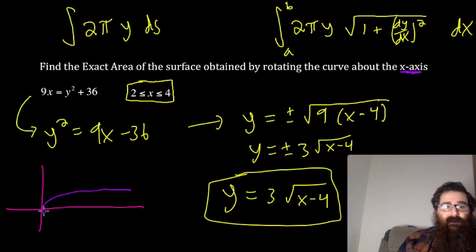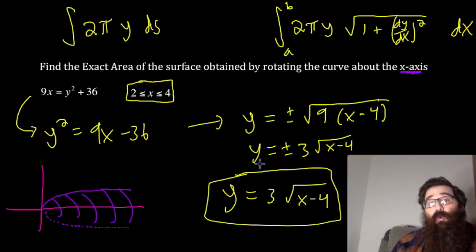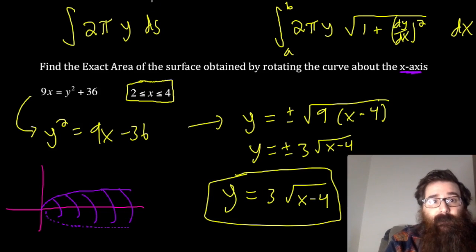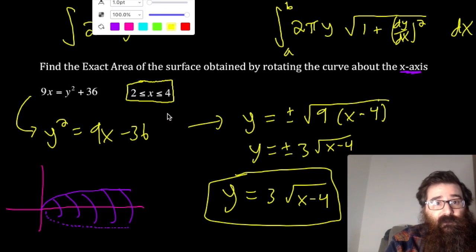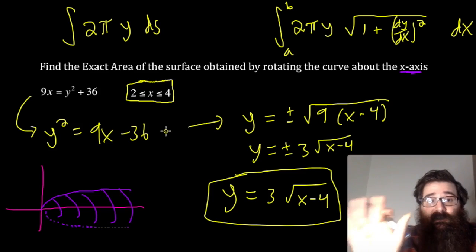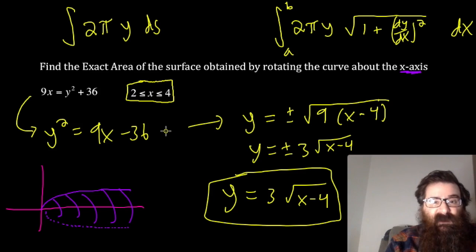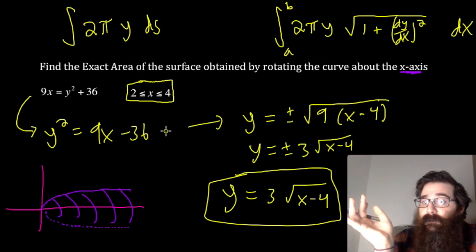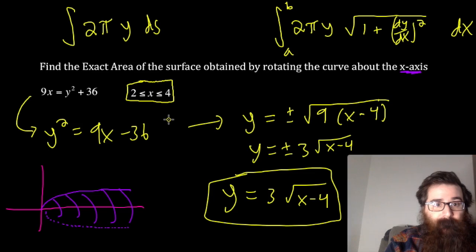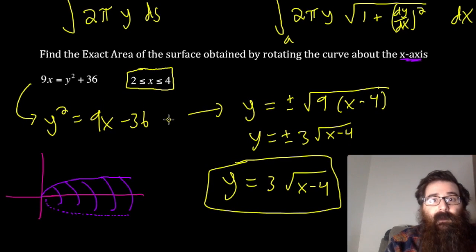Now, when I rotate this about the x-axis, I'm already producing that non-principal square root in the rotation itself. So I don't want to include it, right? It's already going to be part of the show because of the type of rotation that I'm doing. I just want to point that out here. So we're safe with that principal square root. I don't want the plus or minus sign. I hate to break it to you, but that's what we're going to be working with right now. So that's the situation that we have.